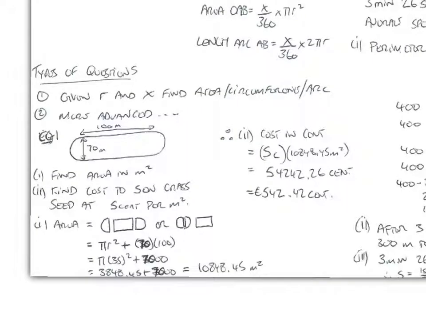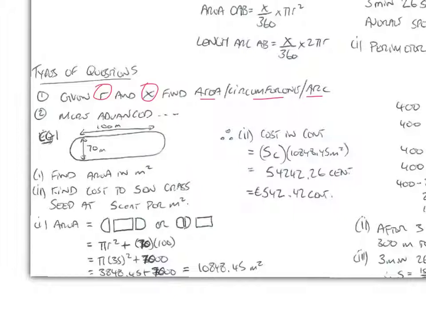So we'll just look at the types of questions that we meet with circles and sectors. The first is where you're maybe given the radius of a circle or an arc and the value of x, and you have to find the area, the circumference, or the length of the arc using the formula. Straightforward enough.